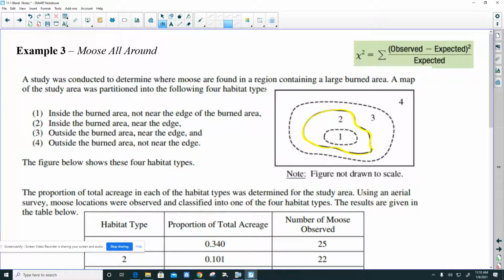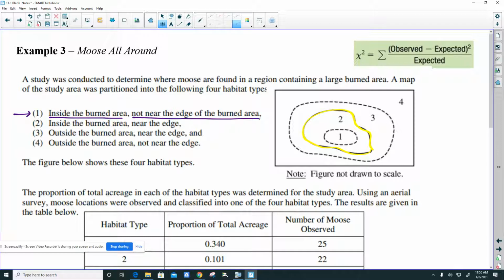Now, they're trying to track how frequently these moose return to each of these different habitat types. The section labeled 1 is obviously inside the burned area, but it's not out towards the edge of the burned area.